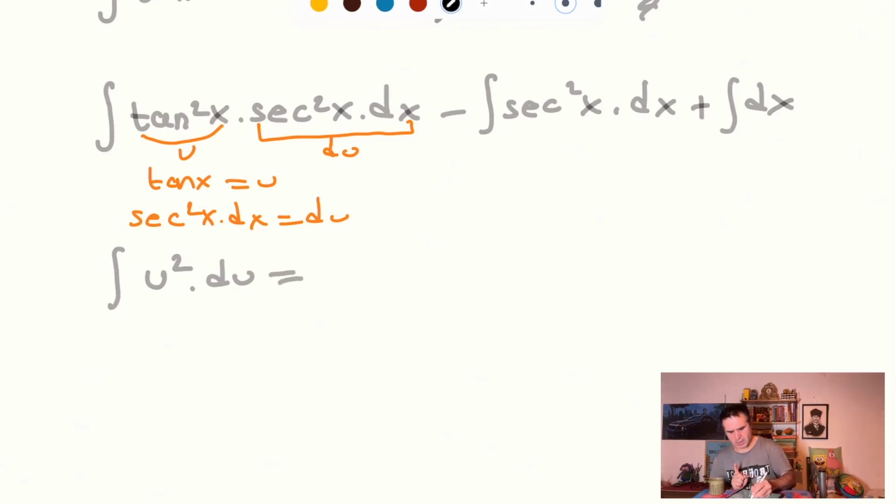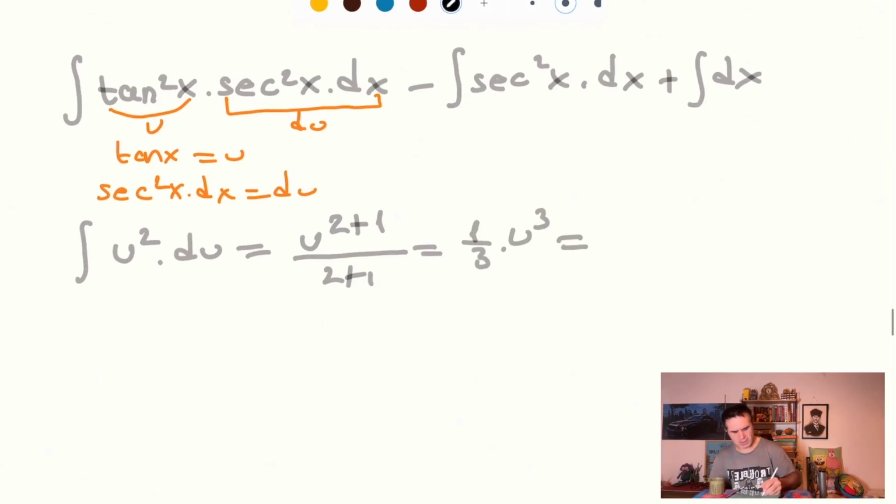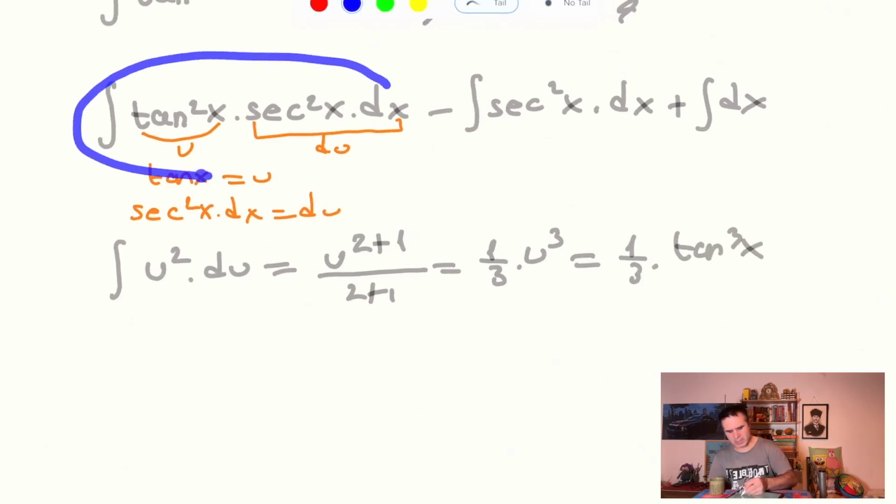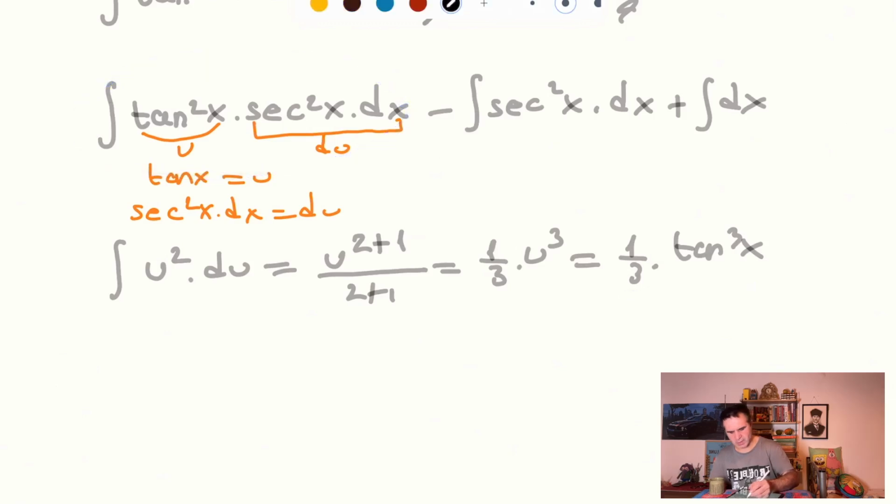We add 1 to the power: u to the power of 2 plus 1, and divide by 2 plus 1. Then this is equal to 1 over 3 times u to the 3, and this is equal to 1 over 3 times tangent cube x. Then the integral of this part is 1 over 3 times tangent cube x.